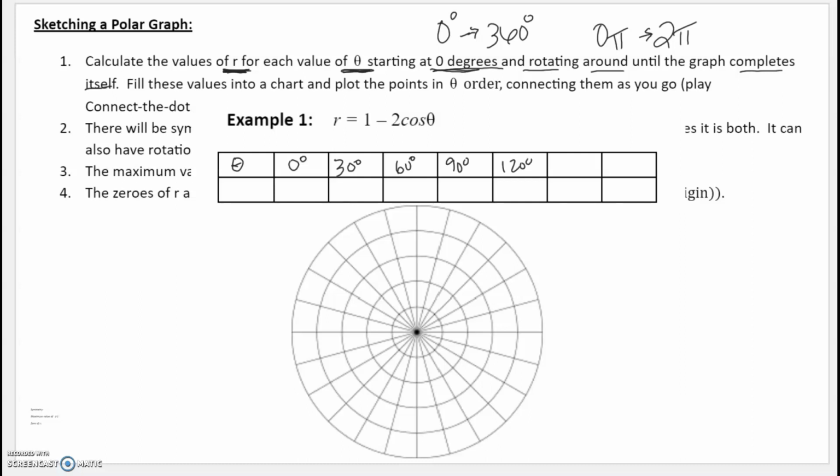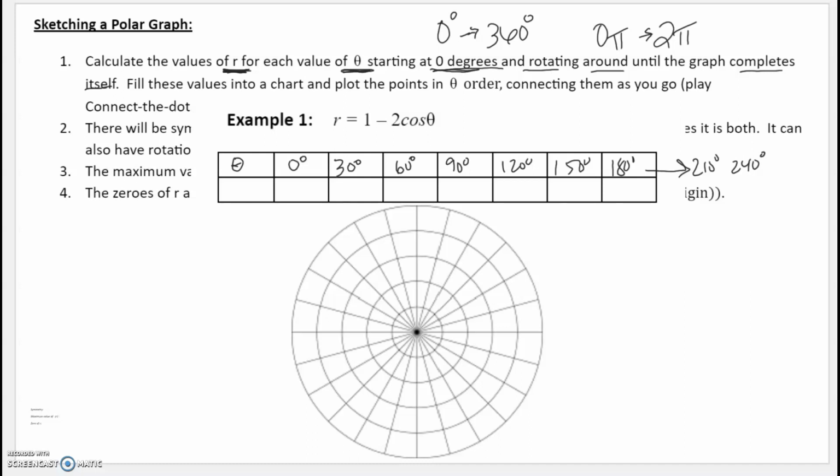We're going to count by 30s. 135, nope, not 135, that would be counting by 15s. 150, 180, and hopefully by the time we get to 180, you can see the pattern and be able to continue on your own and do 210 and 240 and finish up the shape. So I'm going to get you halfway there.